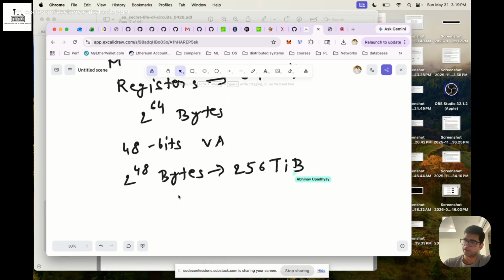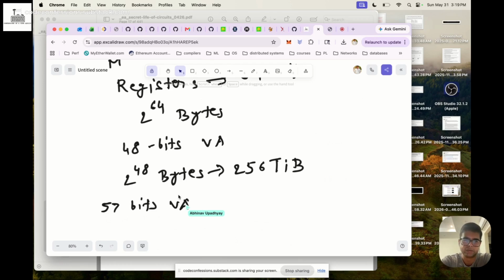There are also some recent Linux kernels where you have 57 bits wide virtual addresses, and that has an implication on how the mapping is done.